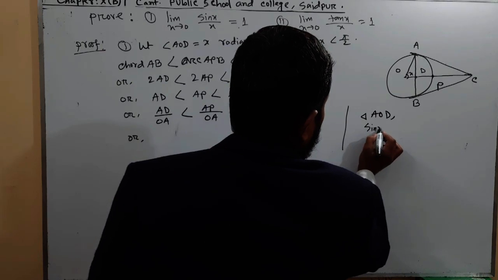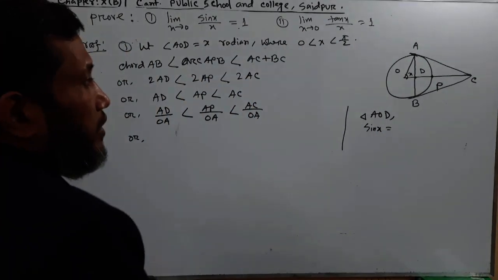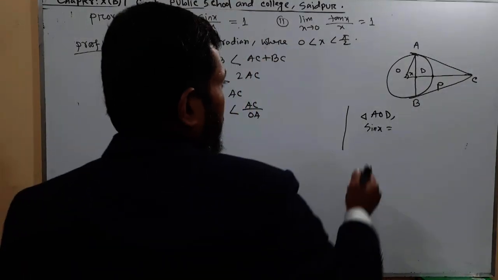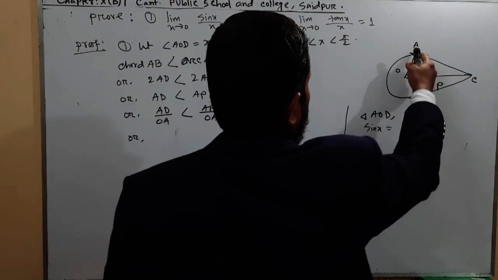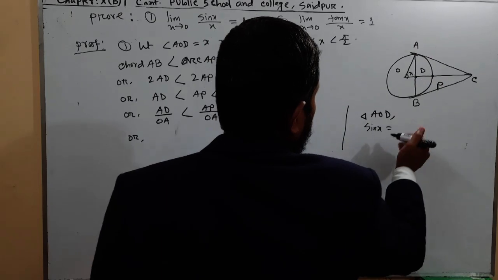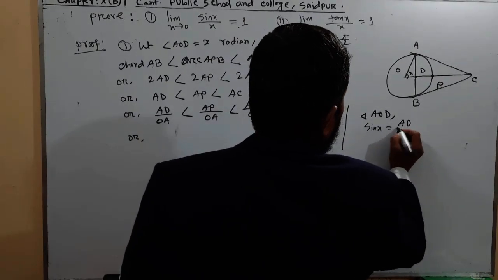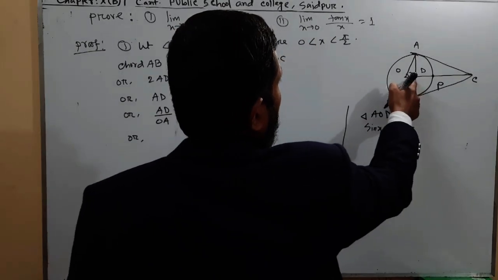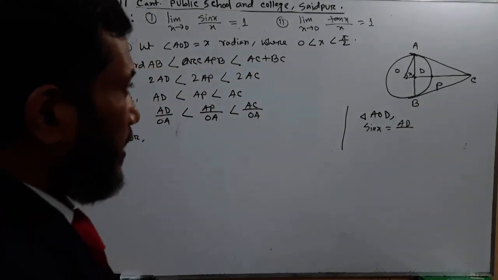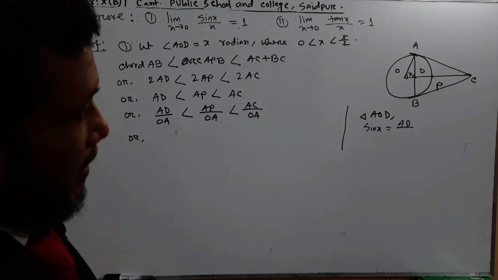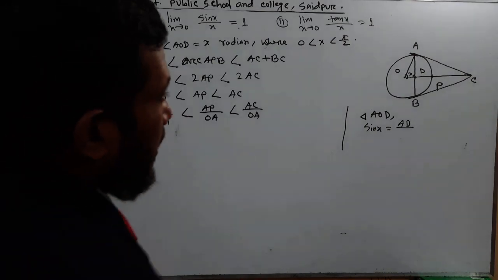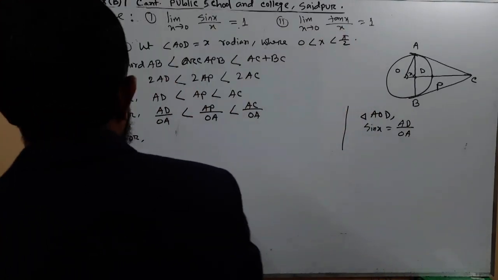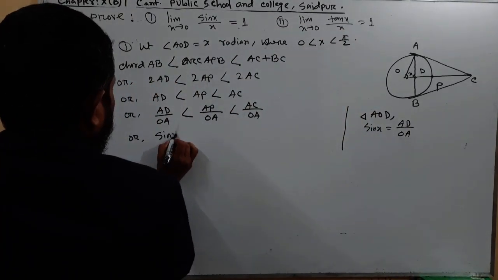For sin x we know opposite by hypotenuse. The AD is the opposite of angle x, and here this is the 90 degree, so OA will be the hypotenuse. So we can write sin x.